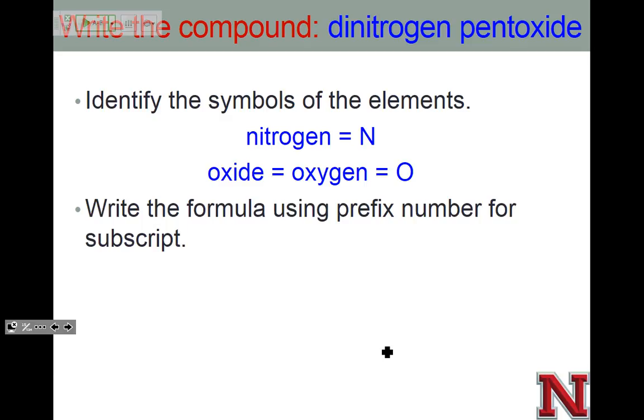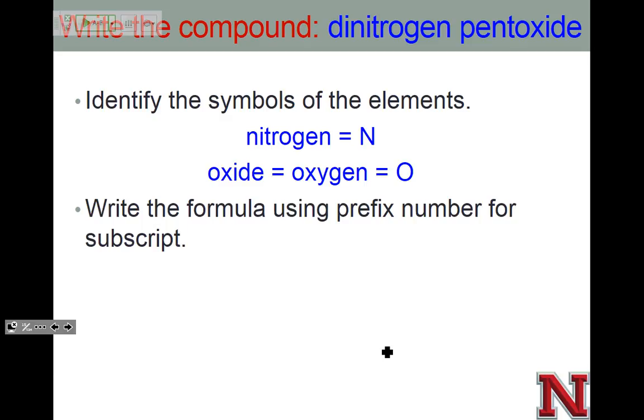So you need to know the ratio of the elements from the name. You can't just look at nitrogen and oxygen and decide, because nitrogen can bond to oxygen in different ways. Carbon can bond to oxygen in different ways. That's how we have carbon monoxide and carbon dioxide. So you need to know that from the name. You can't just guess it from the periodic table.